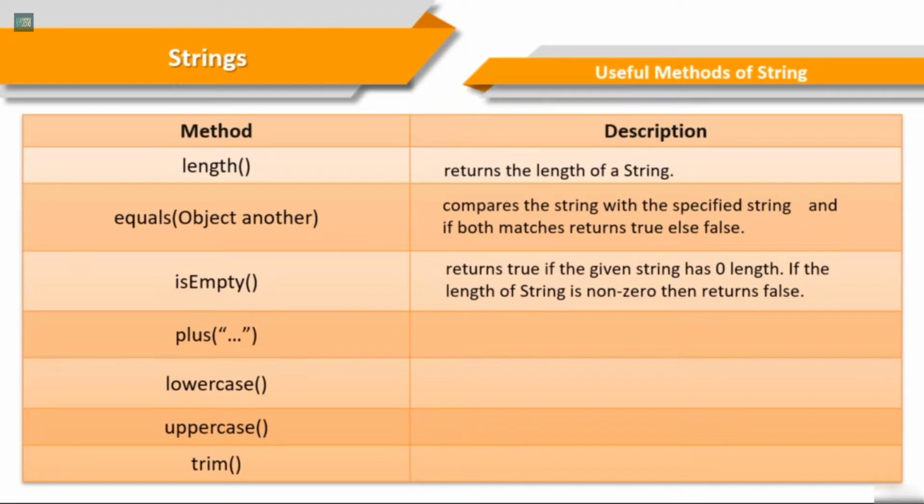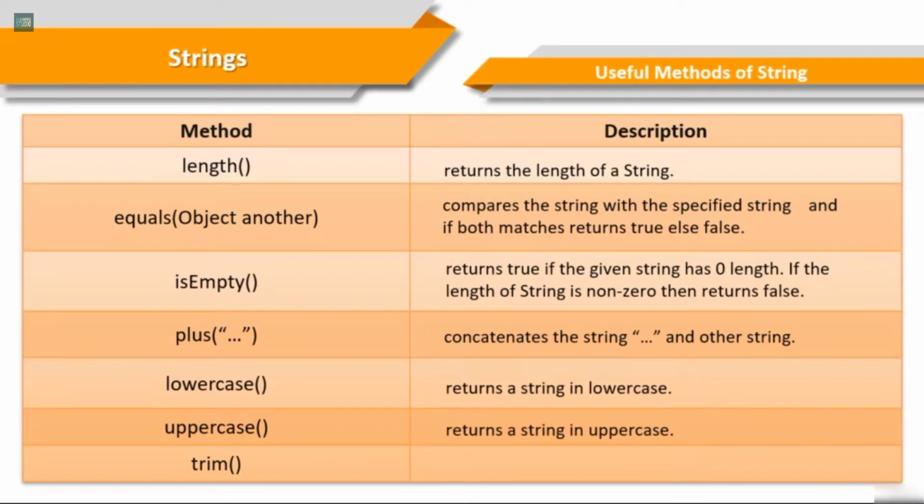If the length of the string is non-zero, then it returns false. The plus method adds a string expression enclosed in parentheses to the end of another desired string expression. Lowercase method returns a string in lowercase. Uppercase method returns a string in uppercase. Now the trim method removes spaces at the beginning and end of the word.